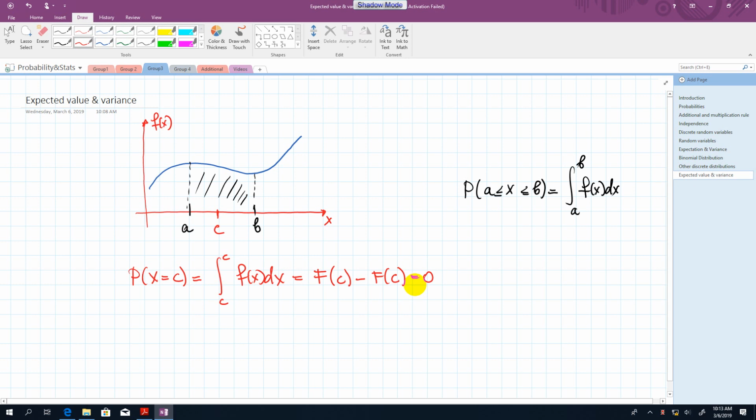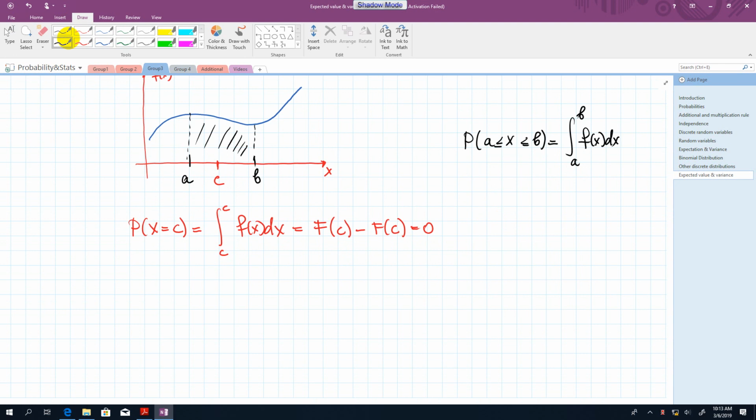So technically, the probability that your professor comes exactly at 10 is equal to 0. The probability that if I choose one of you, the height will be equal to 180 is 0. So the probability of the continuous random variable taking one specific value is equal to 0. And we call the function f a proper density function if the total area under this function is equal to 1, right?